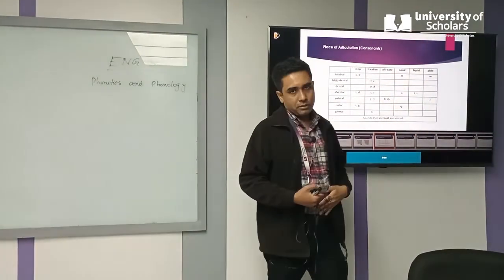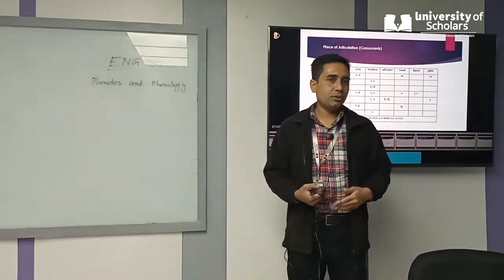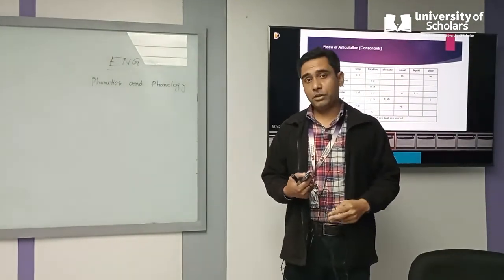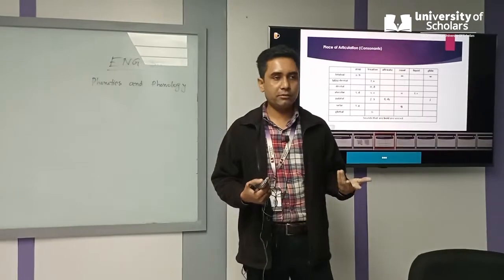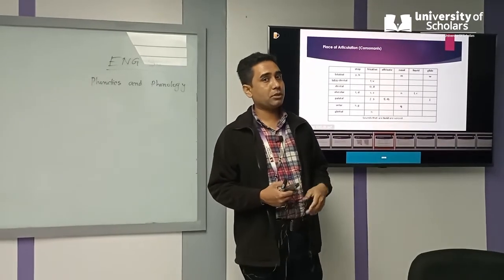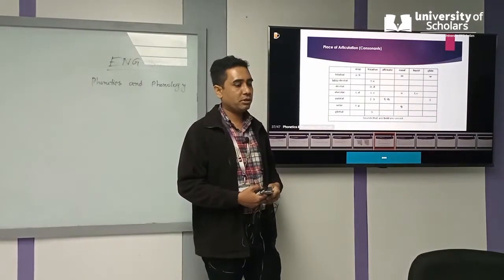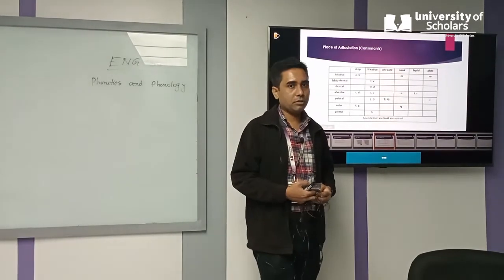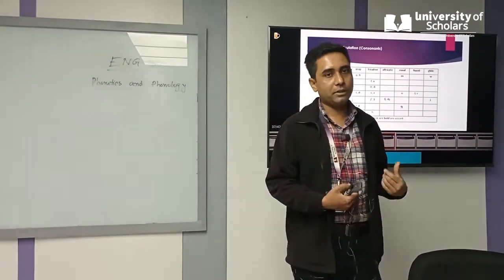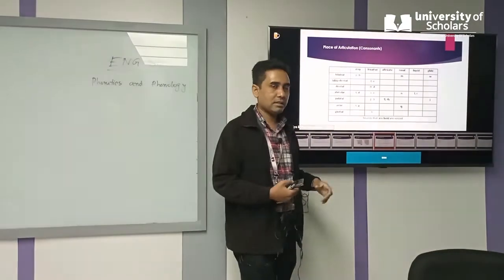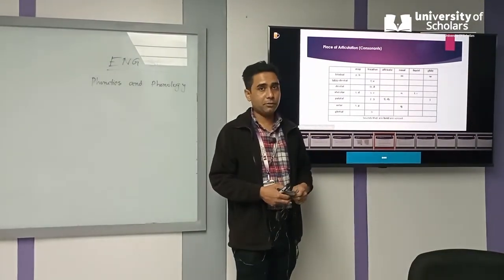These things are important to have good pronunciation, to understand other people, especially native speakers and even non-native speakers, how they are produced and what sounds they are producing. And whenever you are going to produce the correct sounds, if you have the knowledge of these kinds of places and manners of articulation, it will be very helpful for us.